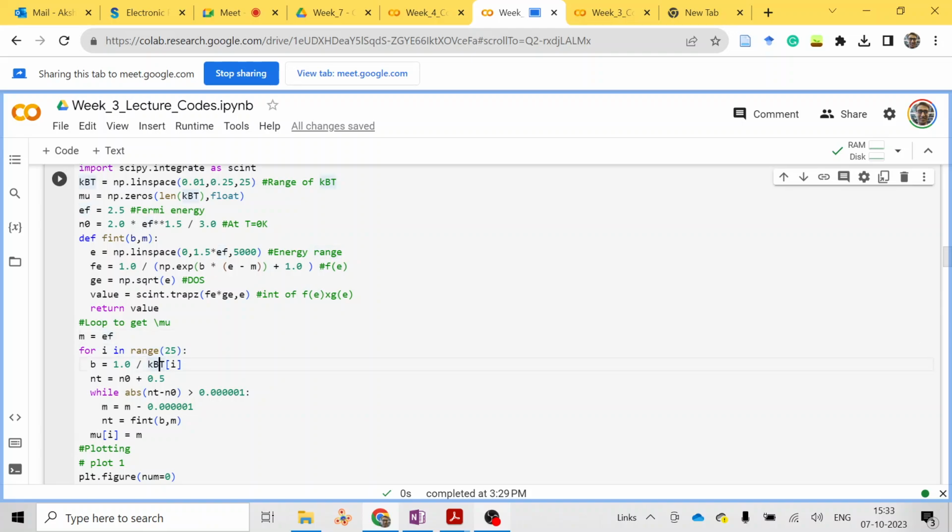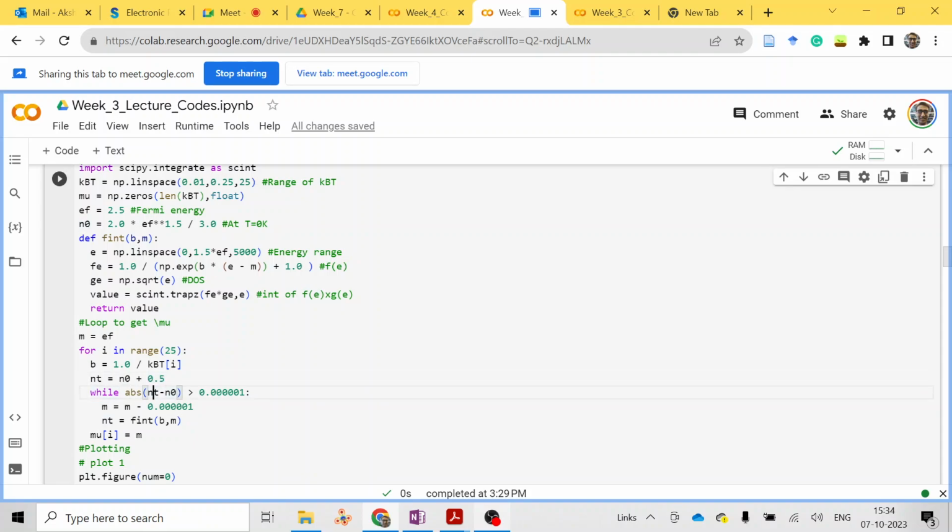Then we will run it for all the temperatures. We need to calculate mu. Here you take beta, then you take your NT, the total number, which should be whatever n naught is plus, we know it will increase, so n naught plus 0.5 is your guess.